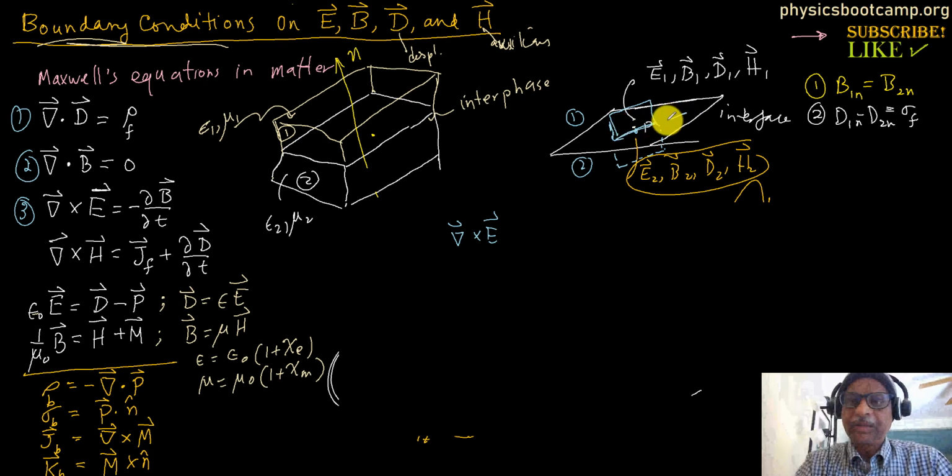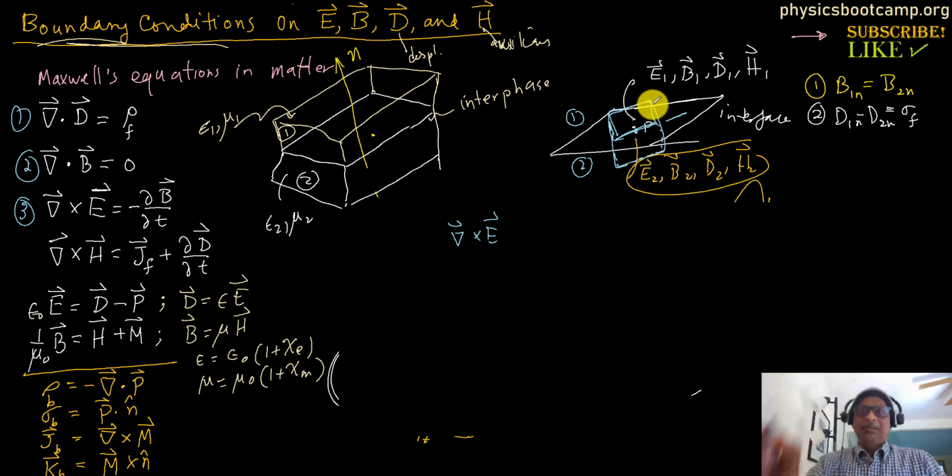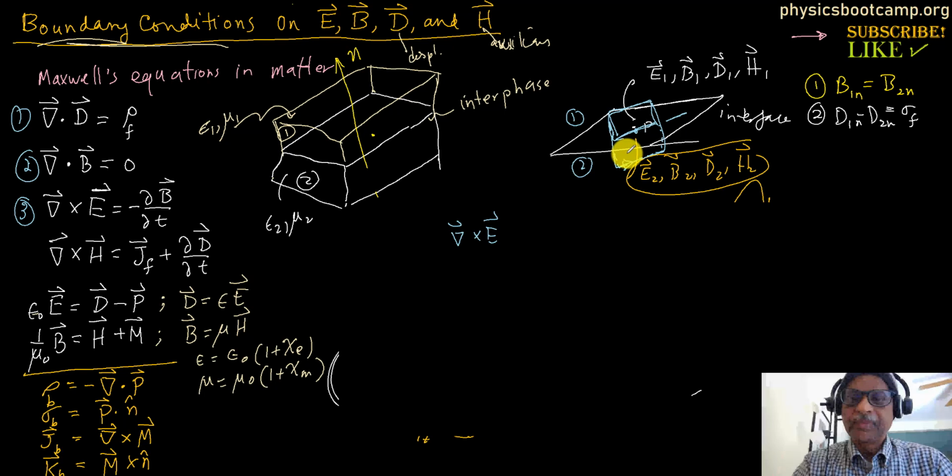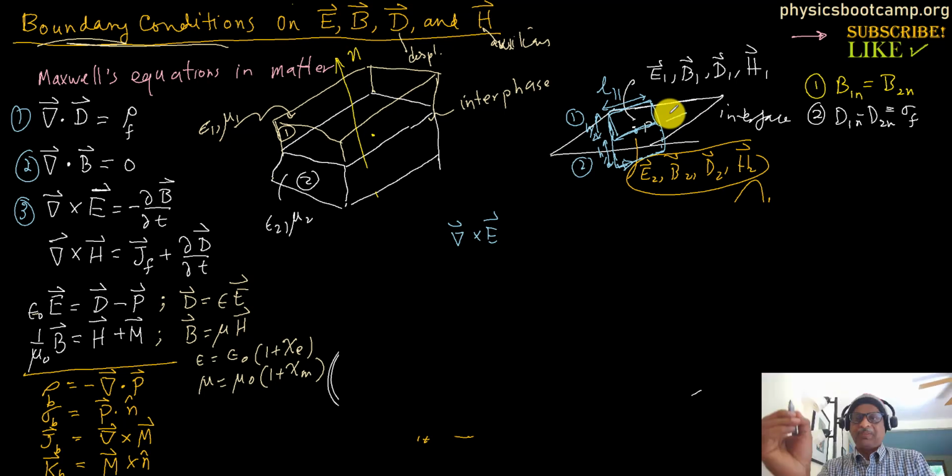I go like that. So we have this is h over 2 and this is h over 2, and let's call the length L. I'm going parallel, so let's call it parallel to the interface.